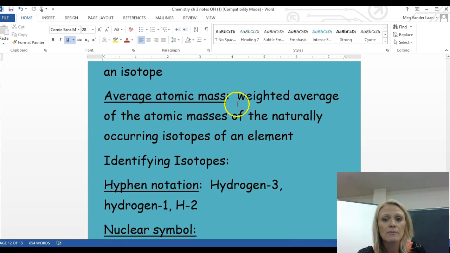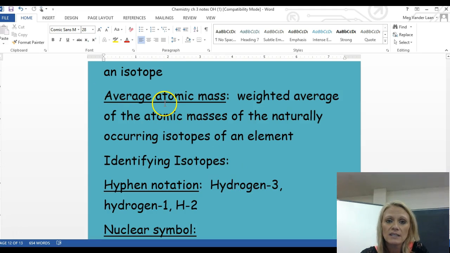The average atomic mass, however, could be a whole number, but more than likely it's going to have decimals. It's going to be a fraction of a number because it's weighted. So depending on how many you have of each isotope, that's how many you would put into the equation to solve.